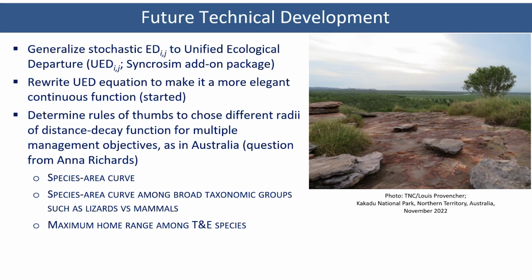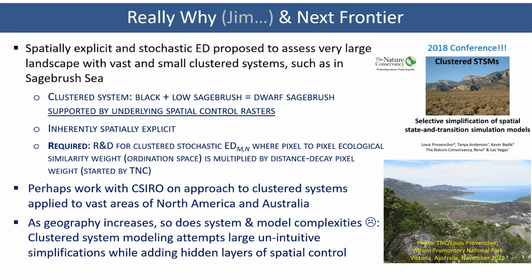We're always single species. And Jim was asking me about clustered systems. This was a presentation I gave here in 2018. This is the real reason we developed the spatially explicit ecological departure: to address conservation at very large landscapes with clustered systems. When you cluster systems, like you blend together black sagebrush and dwarf sagebrush, the reference condition means nothing.